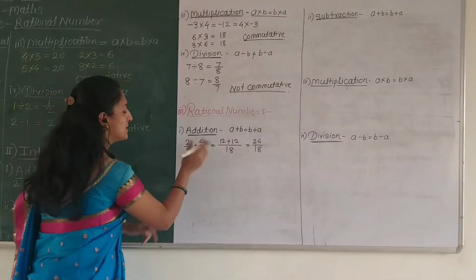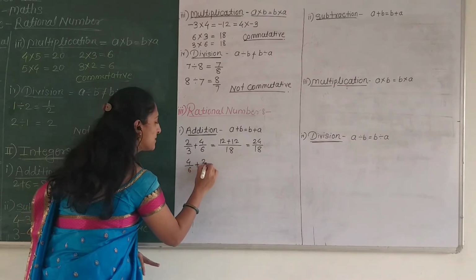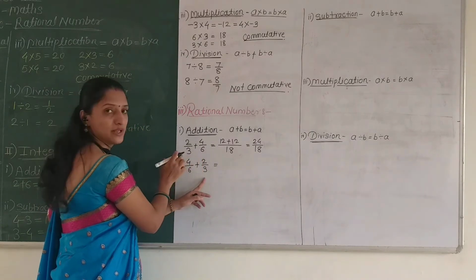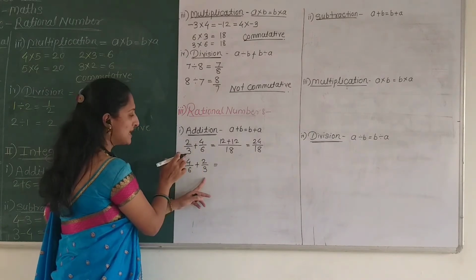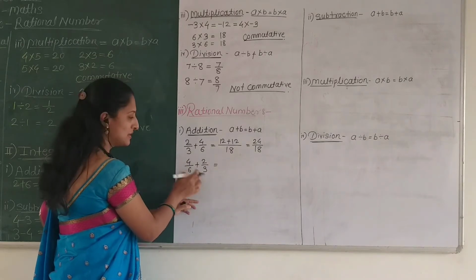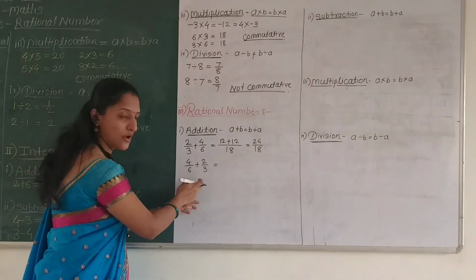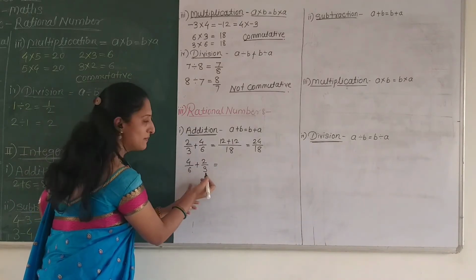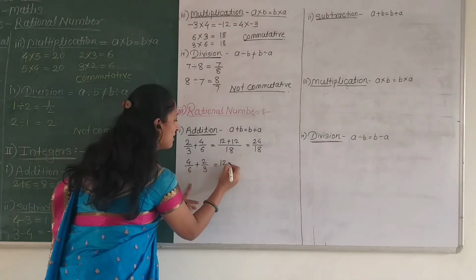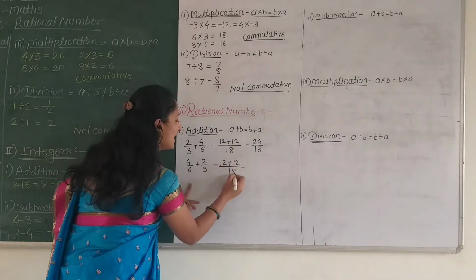Okay. Now let us check here. 4 upon 6 plus 2 upon 3. Here I change the order of the numbers. This is A plus B and this is B plus A. Here also denominators are different. So we take cross multiplication. 4 into 3 is 12 plus 6 2's are 12 and here 6 3's are 18.